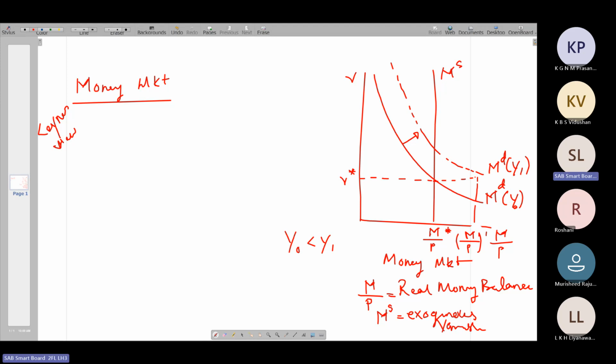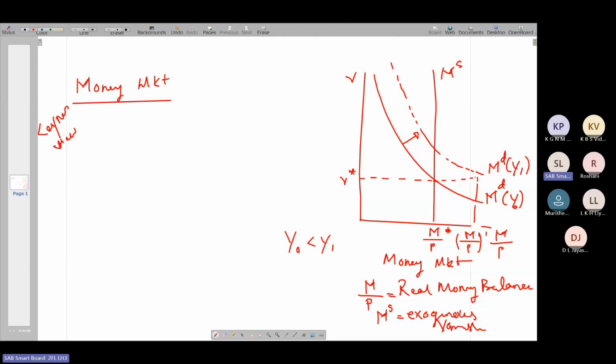Earlier the income level increased, and initially there is no change in the interest rate. The money demand curve shifts to the right, and there is excess money demand.